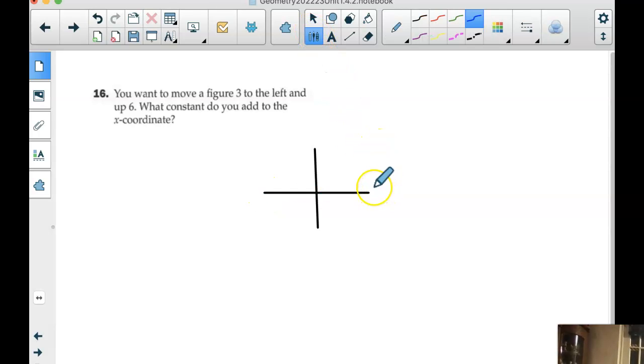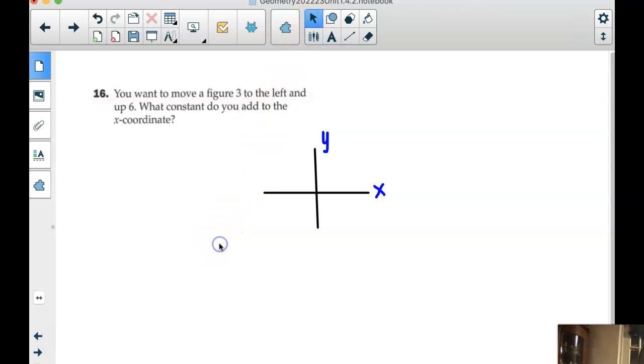So this is the x-axis, this is the y-axis. If we're adding something to the x-axis, it's going to be right or left. So you want to move a figure 3 to the left. What are we going to add to the x? We're going to add a -3.